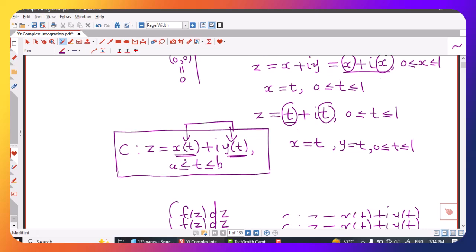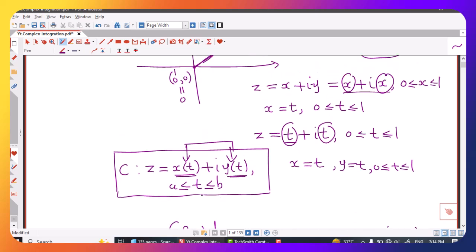Now if we consider this representation, and we are considering increasing values of t, that is, suppose we have t between 0 and 1, then t equal to 0, then 1 by 2, then 1, so we are considering increasing values of t, and that is called the positive sense of t.